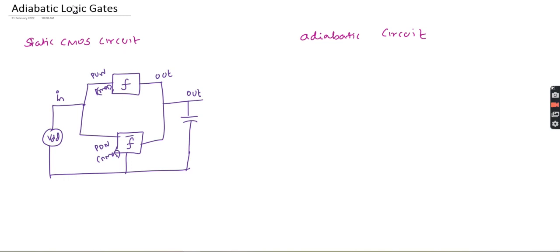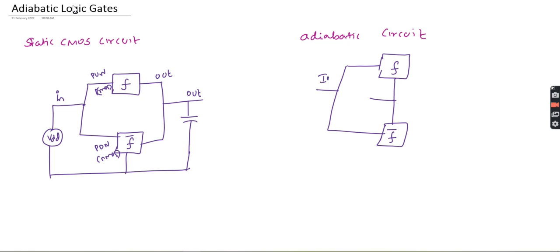Now for the adiabatic circuit, how will it be? Simply the same F, then F bar. This will be your input and this will be your output.